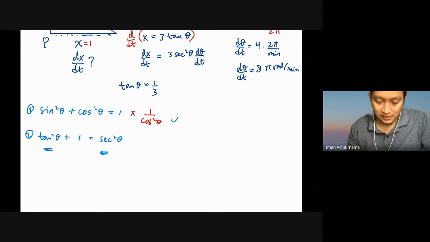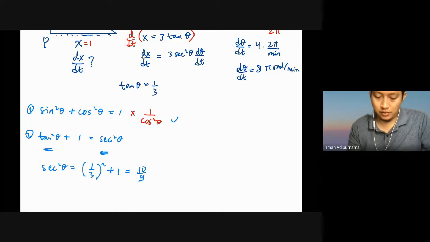Then I will put that secant squared will be tangent theta squared plus 1. This will be 1 over 3 squared plus 1, or 1 over 9 plus 1, so it's 10 over 9.